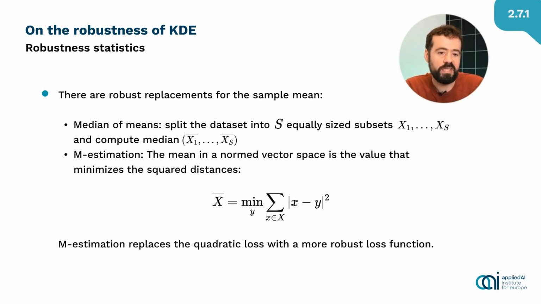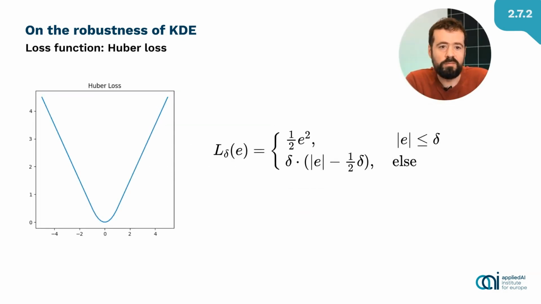And M estimation basically replaces this quadratic loss that we have in this function by more robust versions. The most well-known of these more robust loss functions is the so-called Huber loss, which is defined to behave quadratically when we are close to the data point, and then at some point switch to a linear behavior for a given threshold delta.